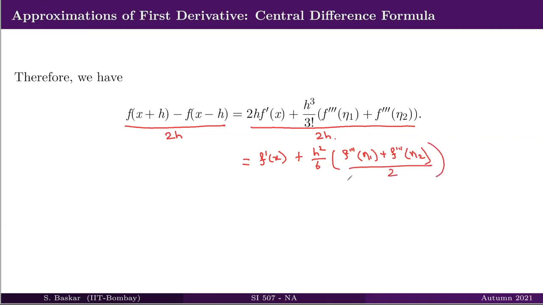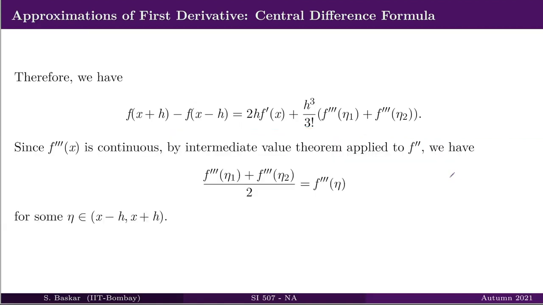Well, we can stop at this level, but one can also rewrite this expression in a rather compact way. For that, we can use the fact that f triple dash is a continuous function and then use the intermediate value theorem. If you recall, we have proved a result from which we can get this as a particular case where eta is a point lying between x minus h and x plus h.